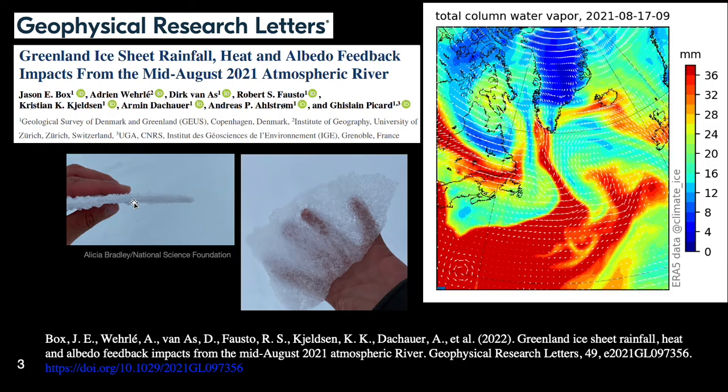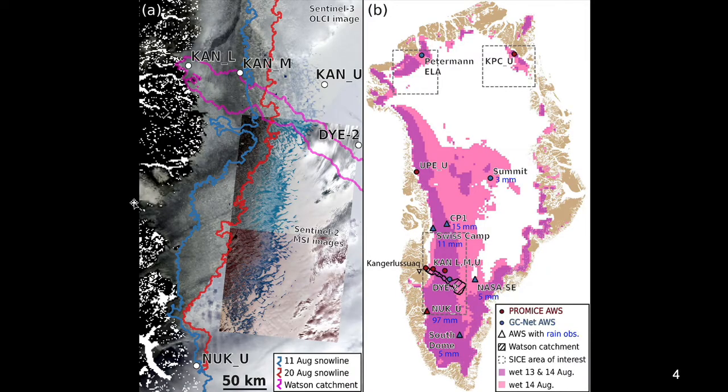Anyhow, using a lot of Earth observation data and field data, you can see a Sentinel-3 color image in the background below the Sentinel-2 images that show flooded snow conditions, very dark, and it's really uncommon to see such dark blue snow over such a wide area of Greenland.